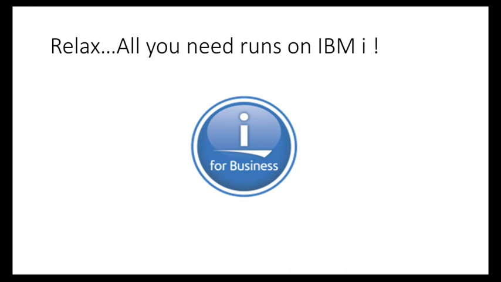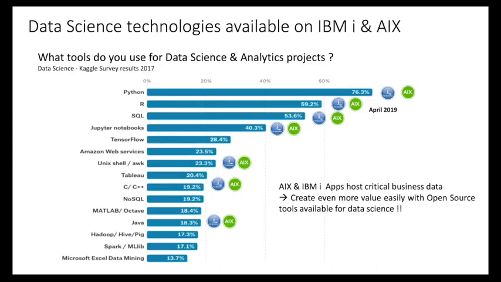Relax. All you need runs on IBM i. So in that particular demo, I'm going to teach you how to get started on IBM i with machine learning. This is the result of the data science and analytics survey, the Kaggle survey. Kaggle is a really famous community website for every data scientist.